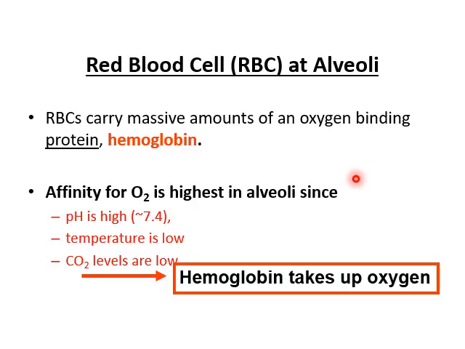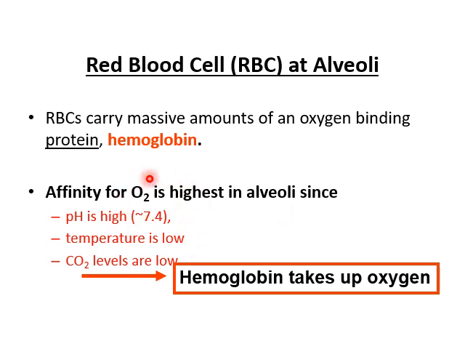So we know that red blood cells take up a massive amount of oxygen in the lungs with the use of hemoglobin and the heme molecule. The affinity for oxygen is highest in the alveoli. It becomes very, very sticky because we're pulling CO2 levels out there, the lowest the blood will see, because we're ventilating that out through the lungs.